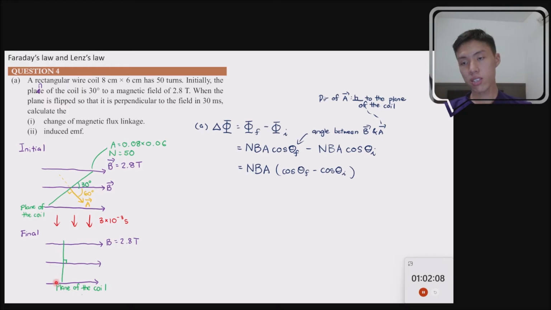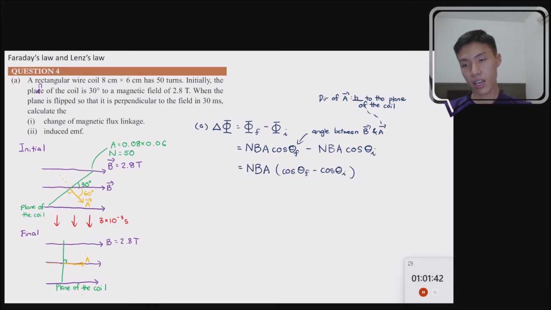For the final situation, this is the plane of the coil. We know that the direction of A must be perpendicular to it, so the direction of A should be along this line over here. You can pick either pointing to the left or to the right, but we'll pick the direction of A to be similar to the direction of B. B is to the right, so we'll pick the right hand side as the direction of area.